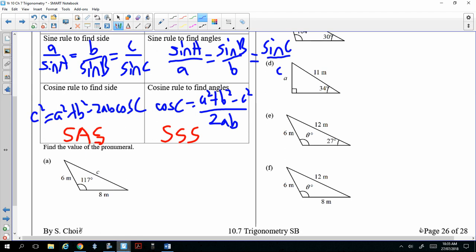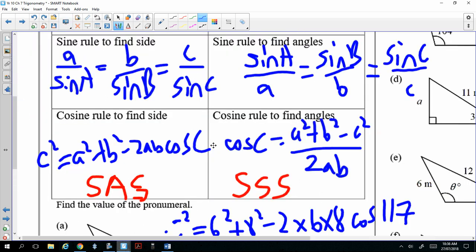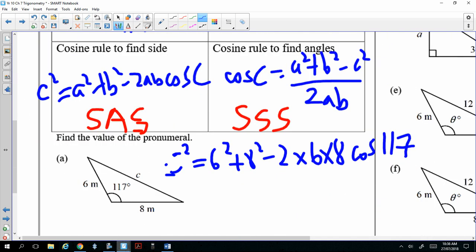So you start with c squared equals 6 squared plus 8 squared minus 2 times 6 times 8 cos 117. Now you just do that on a calculator and you work out.